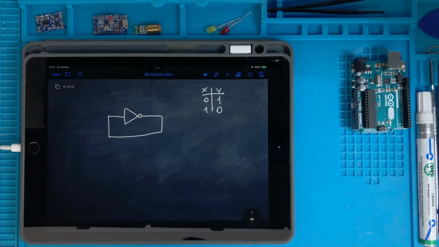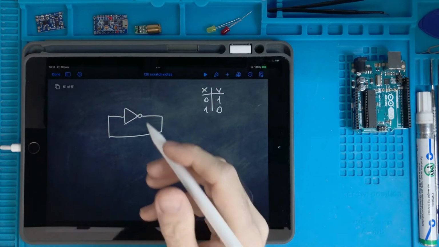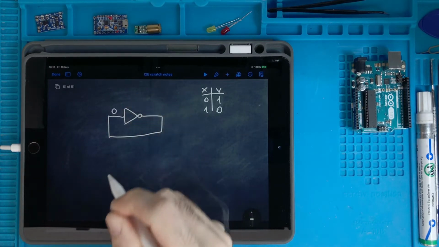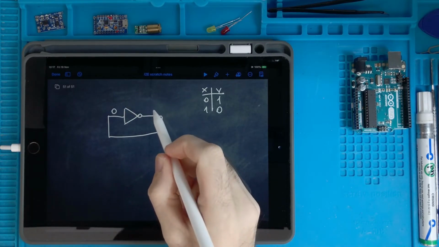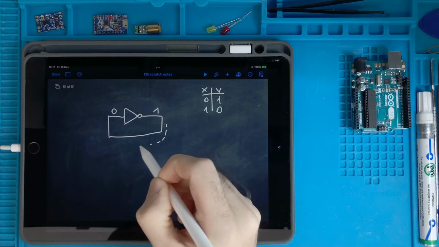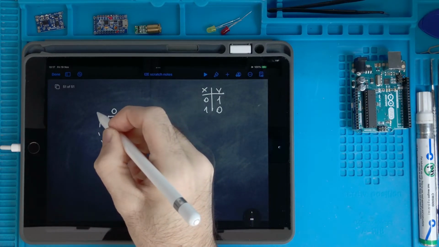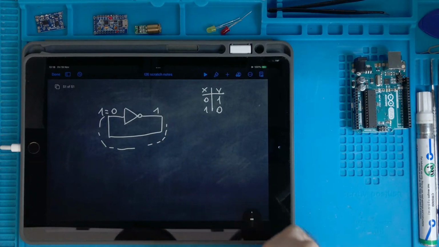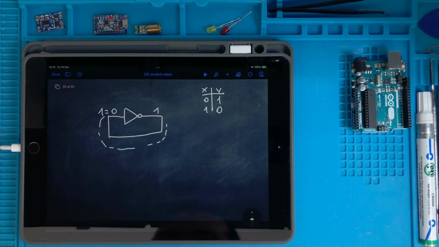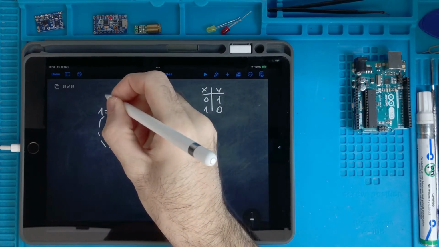While I say something crazy, it's simple, because if this is 0, the circuit will make this 1, but this 1 is connected to this, so then we have this ugly mathematical thing like 1 equals 0. Is that possible?